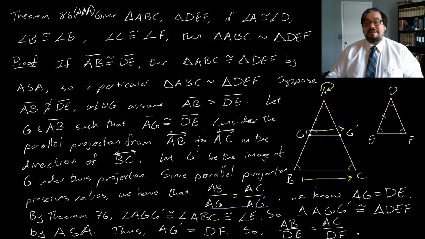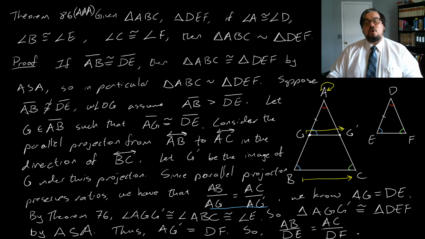So what we get is a proportionality relation between the lines AB, AC, and the distances DE and DF.